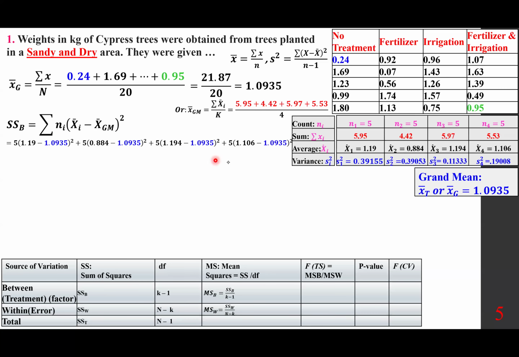So there are 4 of them. And we get SSB, the sum of squares in between, of 0.317295. So now we are ready to put something in this table. So in between SSB has been calculated. We put it here.